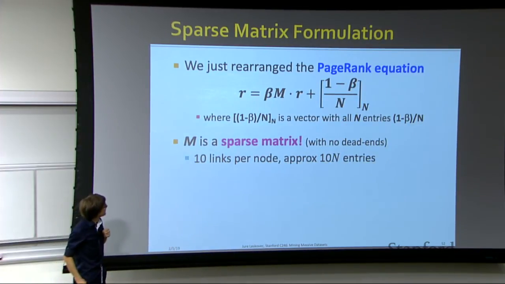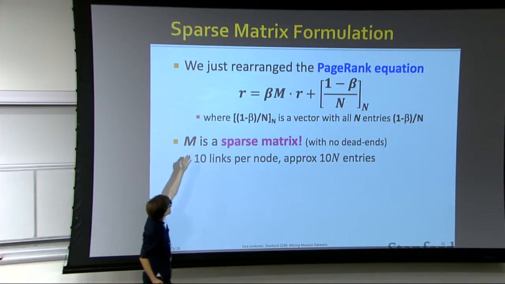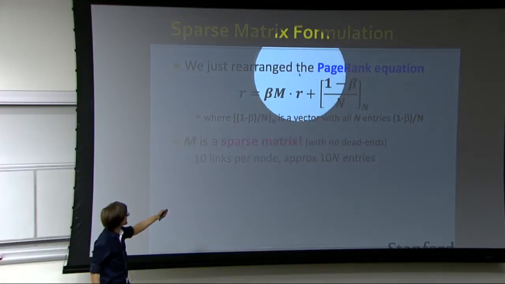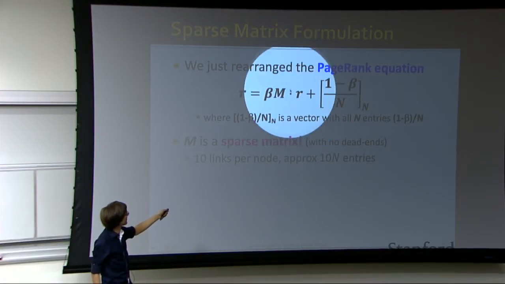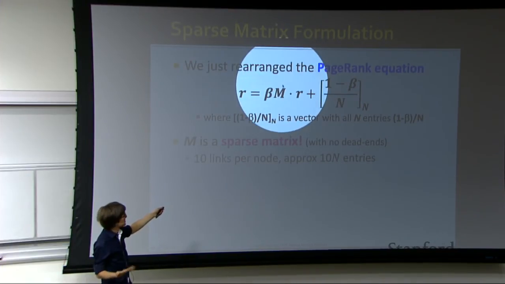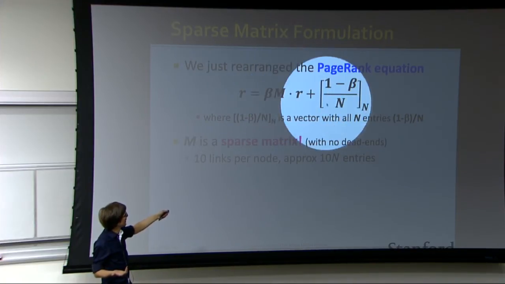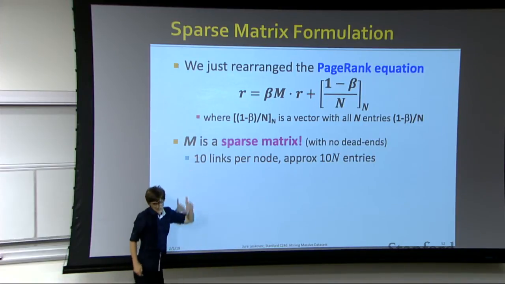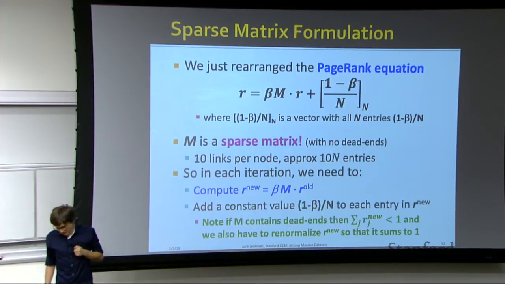So now we have rearranged our power iteration, and the trick here is that my matrix M is sparse. The number of non-zero elements of M is the number of links in the graph. Multiplying by a constant just changes the values, it doesn't add new entries. This is the vector, and that's that constant term. So real graphs are sparse, so this will work really well.